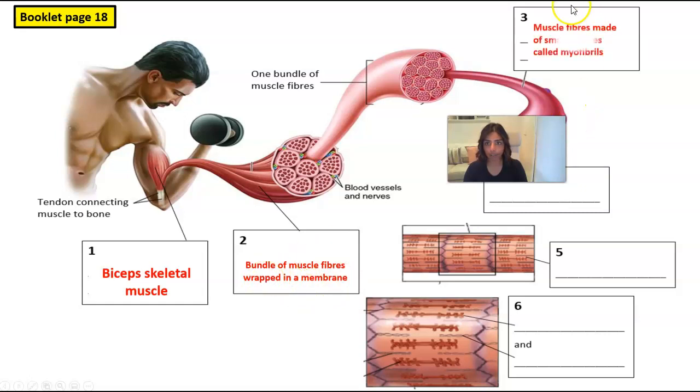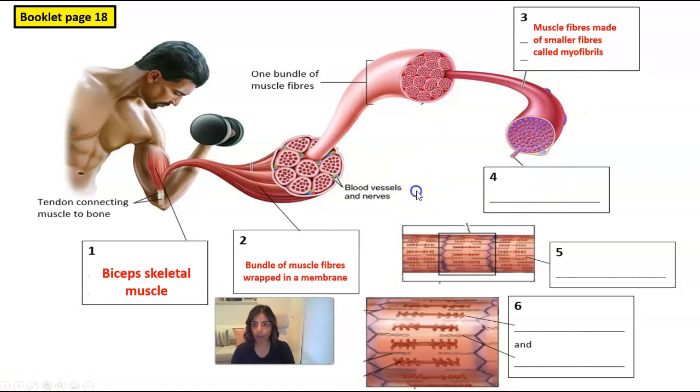Number 3, we know that we have got one muscle fiber, and we know that this one muscle fiber is made up of smaller units called myofibrils. So number 4, this is a myofibril, and a myofibril can be sectioned off into sarcomeres, that's between these zigzag lines. And if we zoom in on a myofibril, we can actually see it's made up of a thicker protein called myosin and a thinner one called actin.